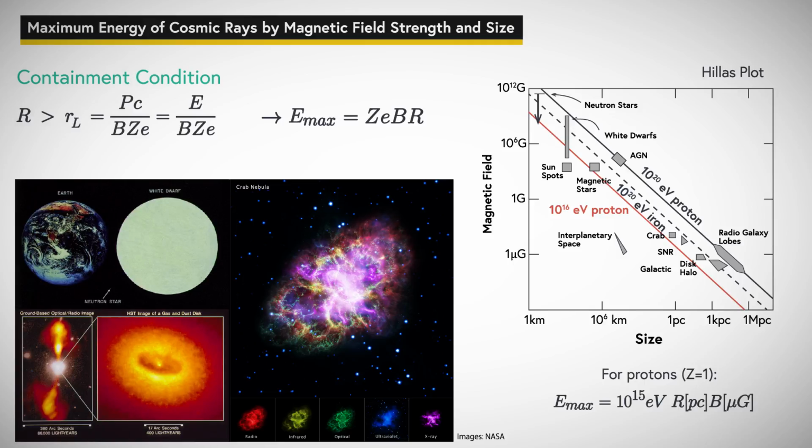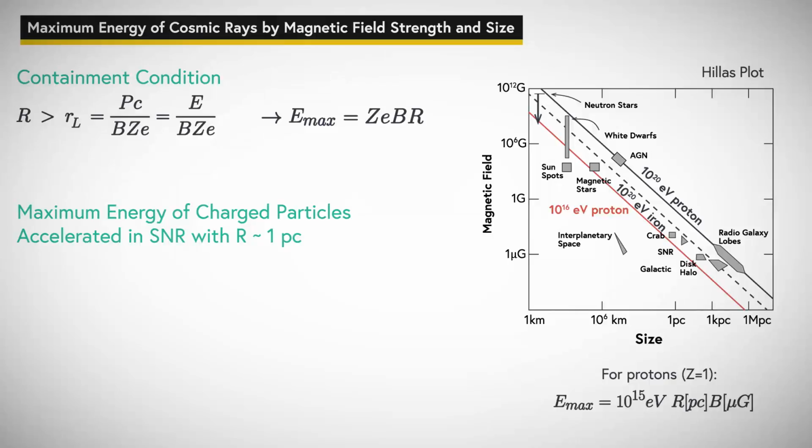This means we can check up to which energy a particle can be contained in the region of a supernova remnant with a radius of 1 parsec, approximately 3.26 light years, where the magnetic field strength is a few tenths of a microgauss. By using this formula, the maximum energy of the charged particle is approximately 10 to the 15 electron volt.